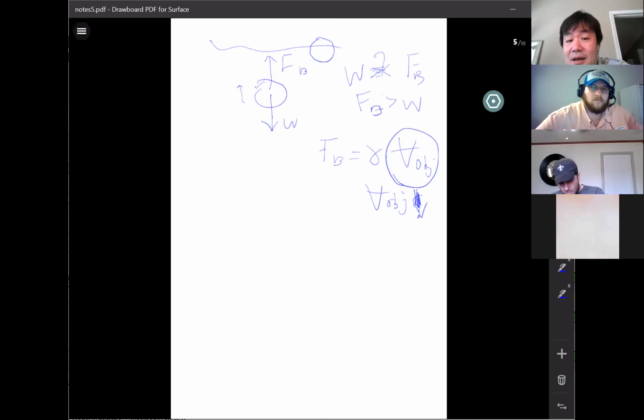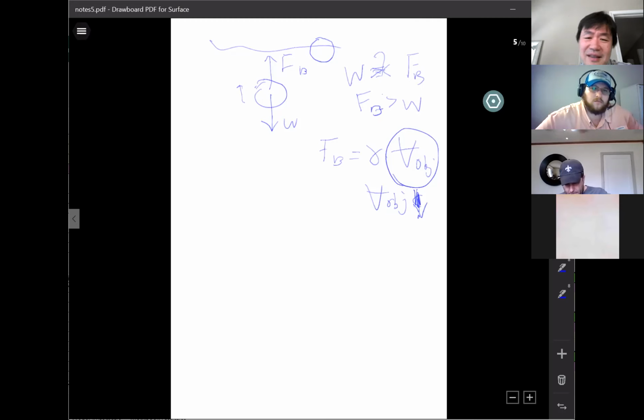So in that sense, based on the property, you can actually calculate how much of the object will be above water. You can calculate how much of the volume is submerged when the body and the water have different gamma.